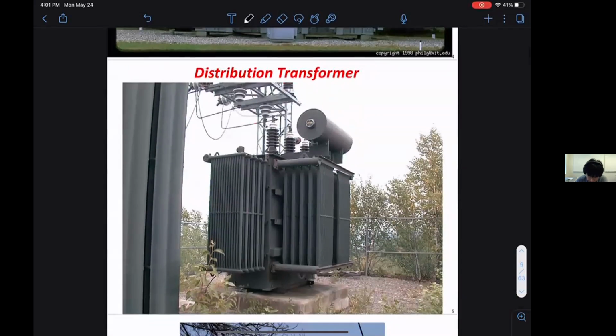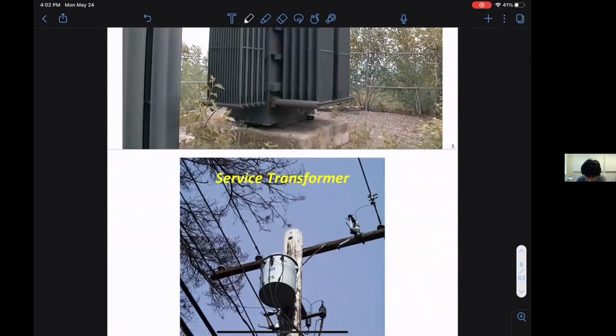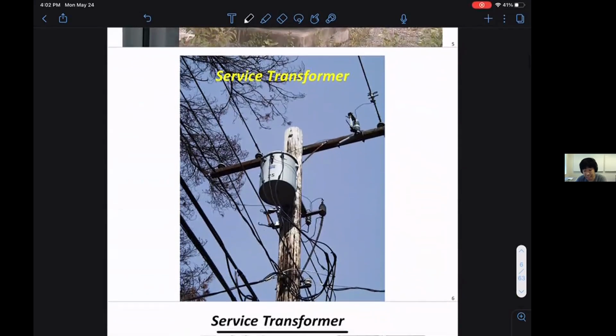And then you have distribution transformers, which are smaller. These are the ones you see if you walk around. You'll see this fenced area with transformers inside. These are distribution transformers. They transform from tens of kVs to hundreds of volts. You have transformers mounted on poles that might step down the voltage by a ratio of 2 to 3.